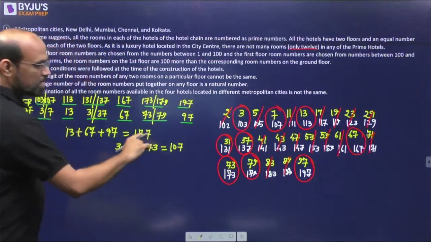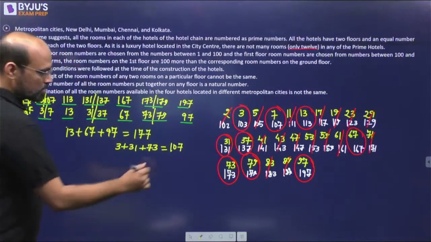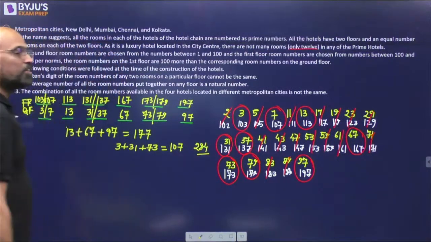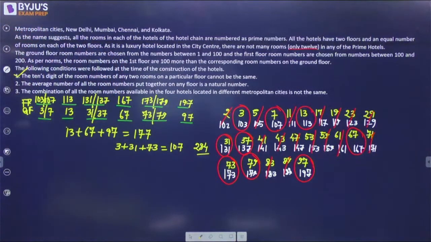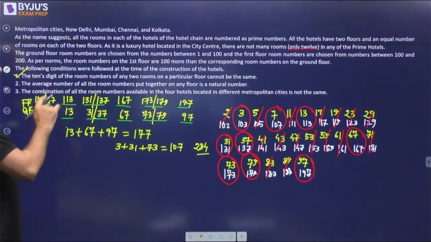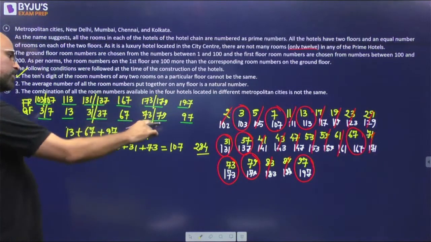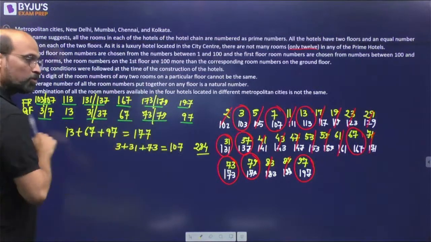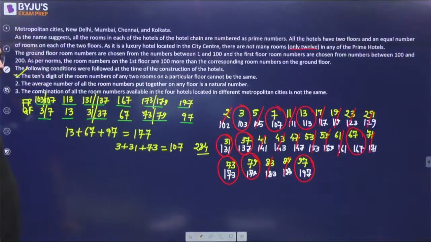So 177 plus 107 will result in 284. Now 284 is not divisible by 6. So if the ground floor room numbers are 3, 13, 31, 67, 73, 97, this can't be, because the sum of the room numbers is not divisible by 6.